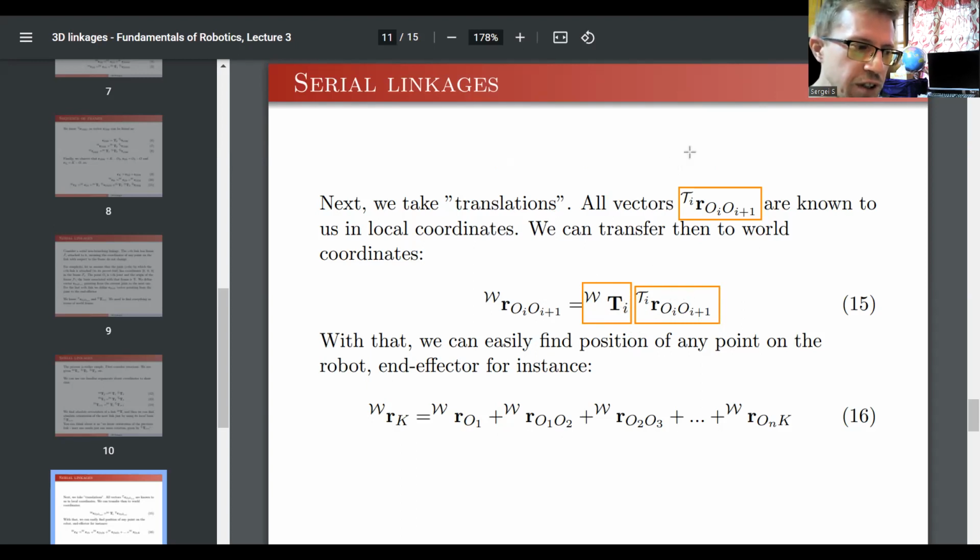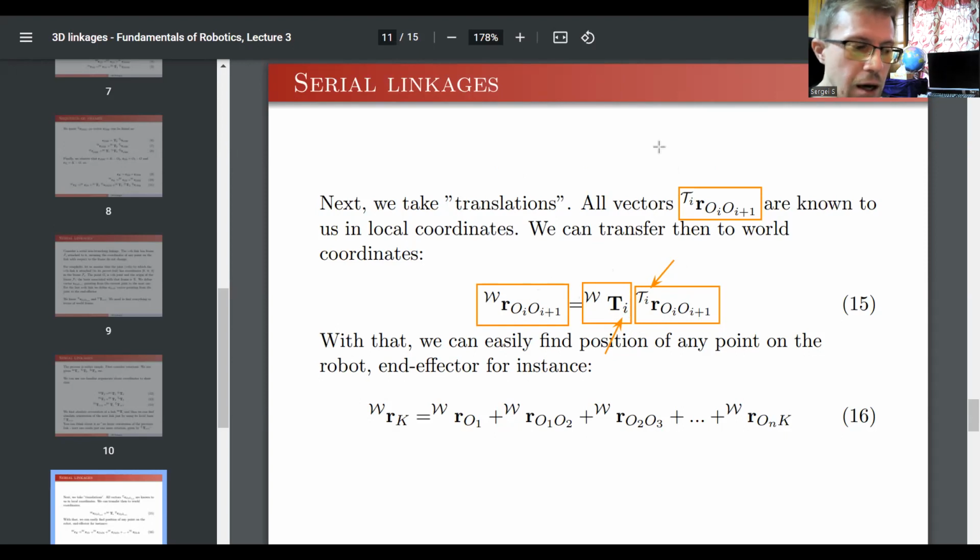How do I know that is the basis? Notice the superscript. That's why we drag around all those superscripts, and we get our vector in absolute coordinates.